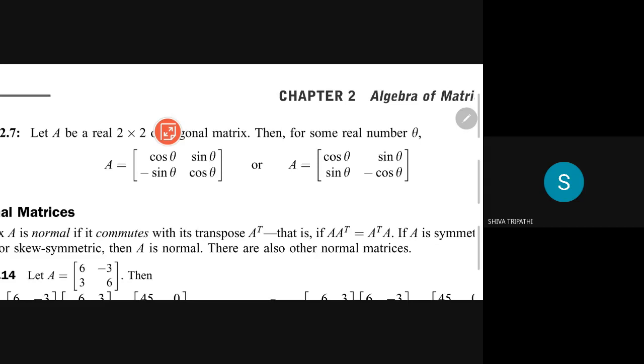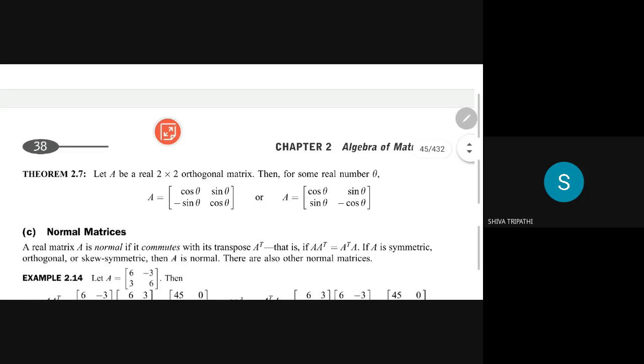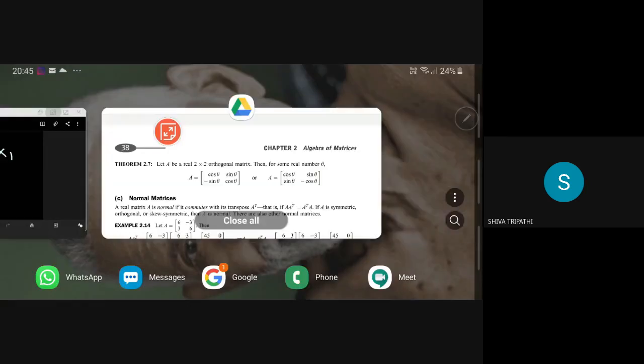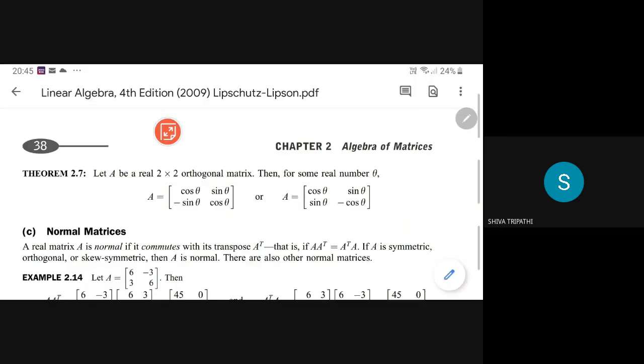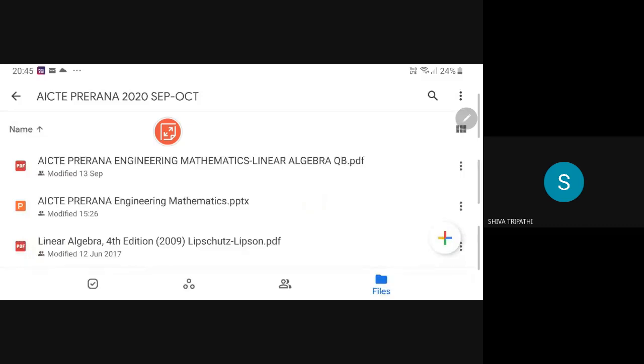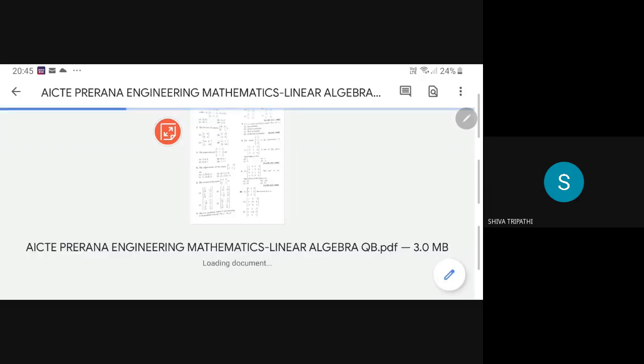You please remember this one. Using that, we can solve the other problem which I told you in the exercise. Where is the exercise? Yes, this is the one.